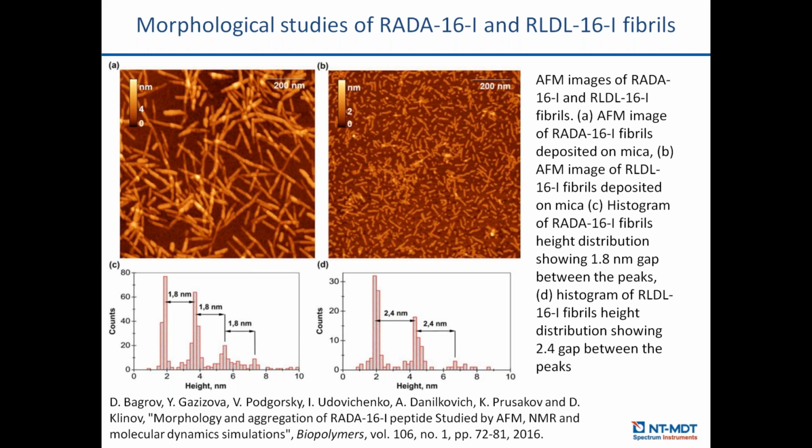So it is very important to understand the mechanism of fibrillogenesis, how these fibrils appear. In this work, the AFM was used to see the morphology and to calculate the length of these fibrils, and thus the researchers could understand the mechanism of peptide bonding.